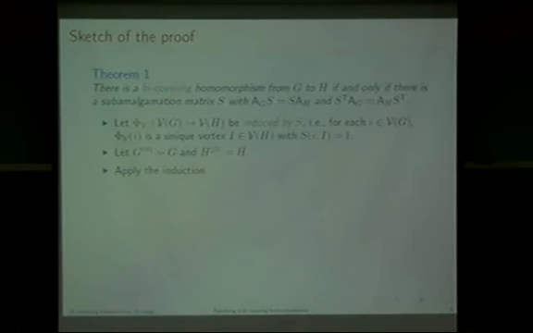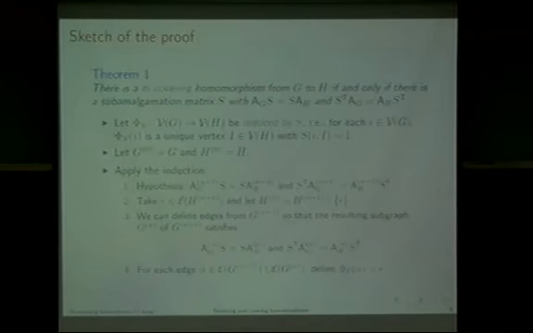And to apply the inductive argument, we just let G_0 equal G and H_0 equal H. Then it's clear that G_0 and H_0 satisfy this inductive hypothesis, since it is just the condition guaranteed in Theorem 1.